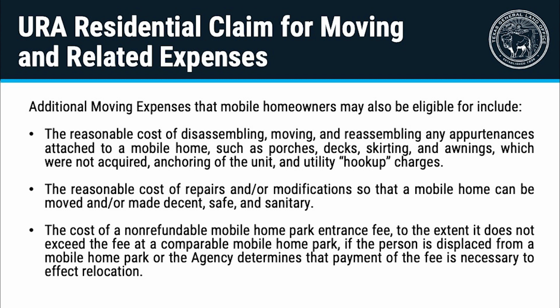The reasonable cost of repairs and/or modifications so that a mobile home can be moved and/or made decent, safe, and sanitary, and the cost of a non-refundable mobile home park entrance fee to the extent that it does not exceed the fee at a comparable mobile home park if the person is displaced from a mobile home park or the agency determines that payment of the fee is necessary to effect relocation.